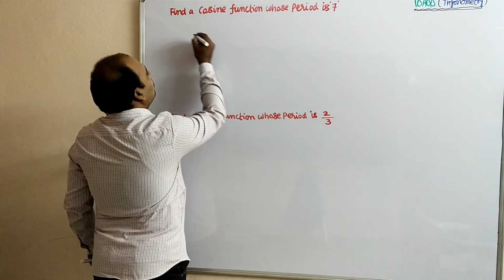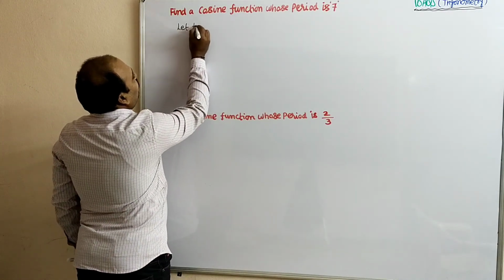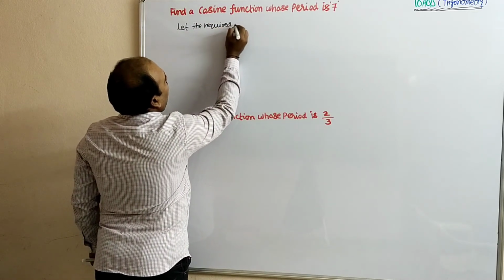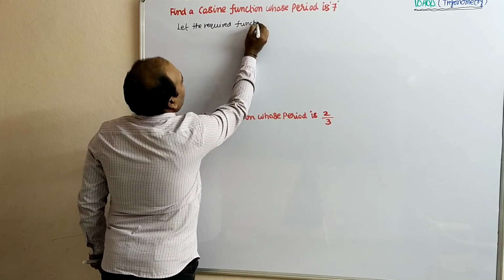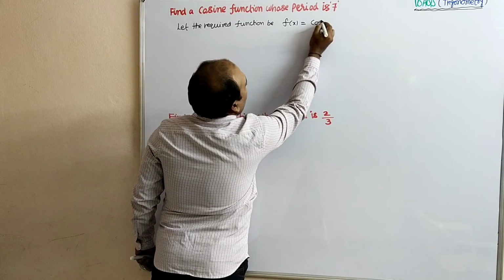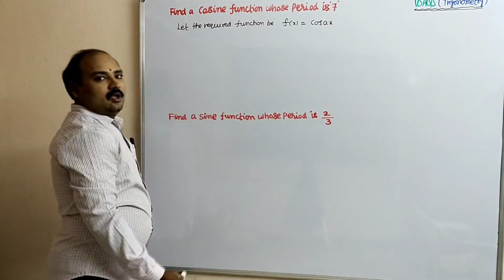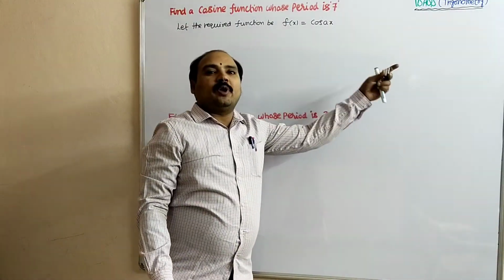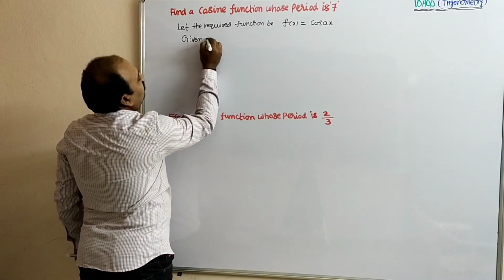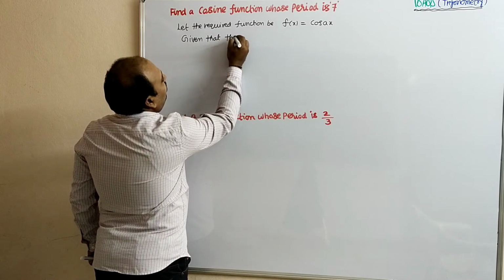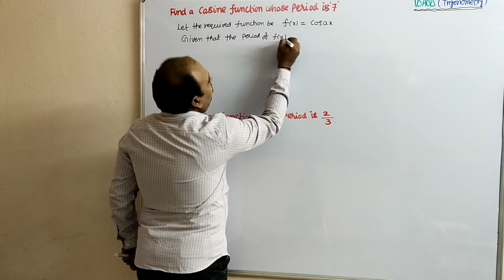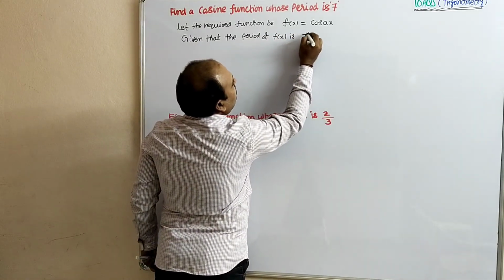So let the required function be f of x equal to a cosine function, meaning cos ax, I am writing. What is the period of cos ax? 2 pi by mod a. Given that the period of f of x is 7.